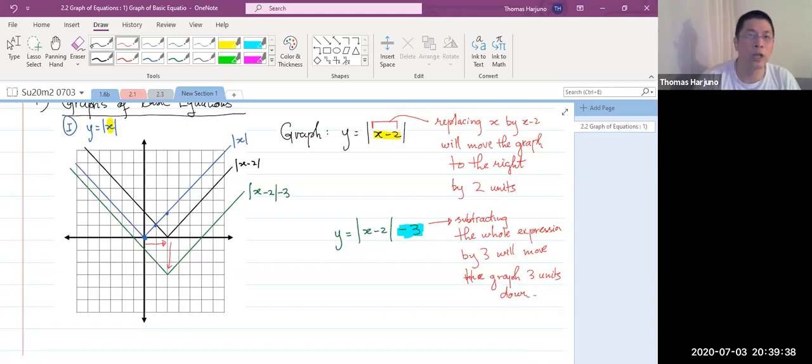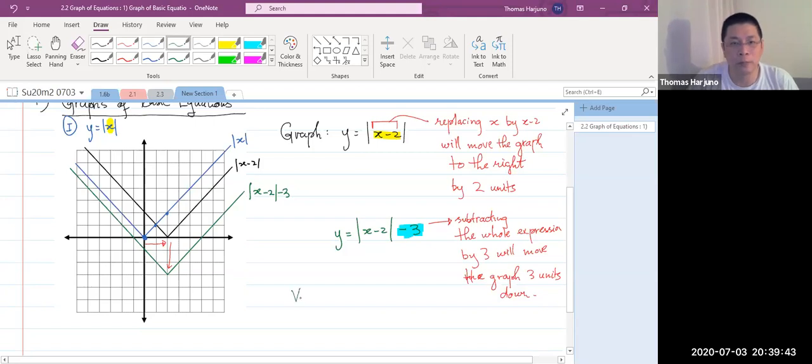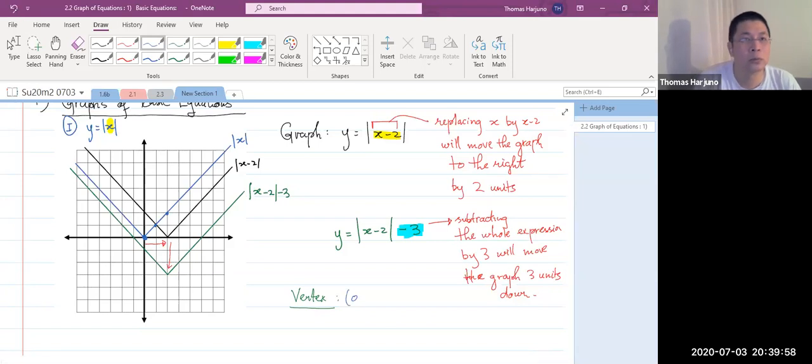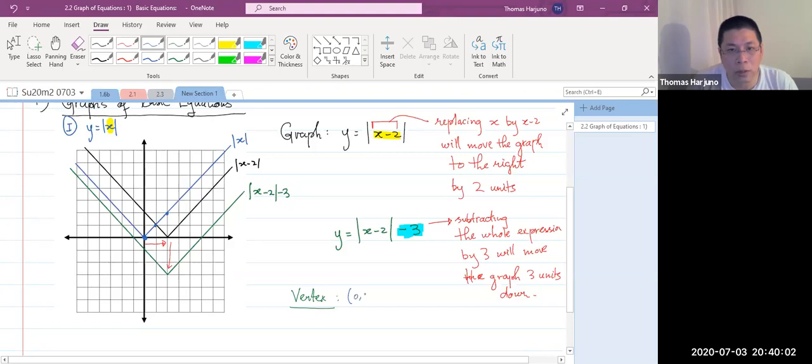Okay, so what happened to all that information? For example, the vertex was originally at (0, 0). Maybe I use blue color. Originally at (0, 0).